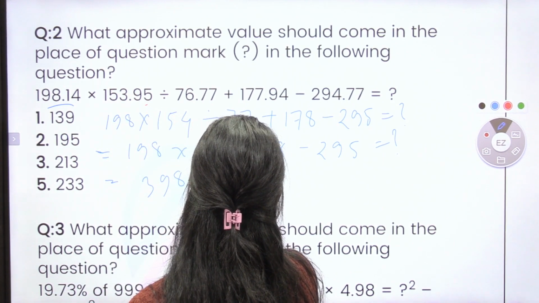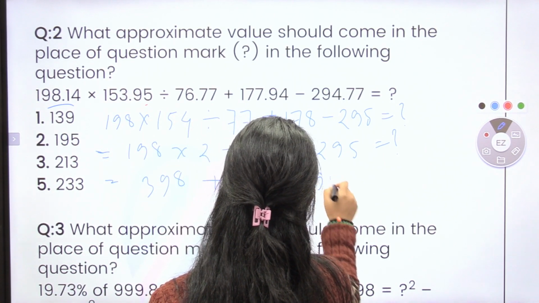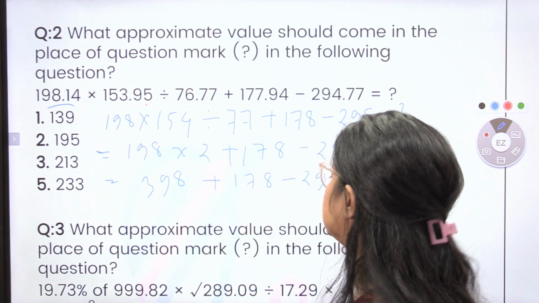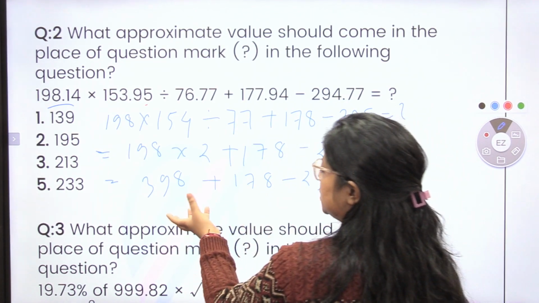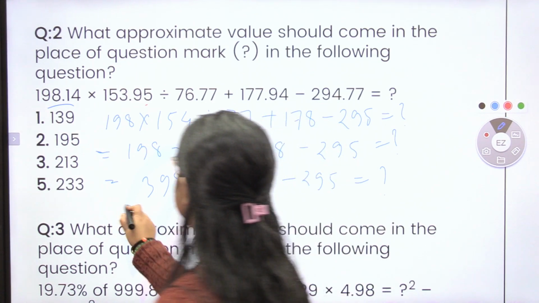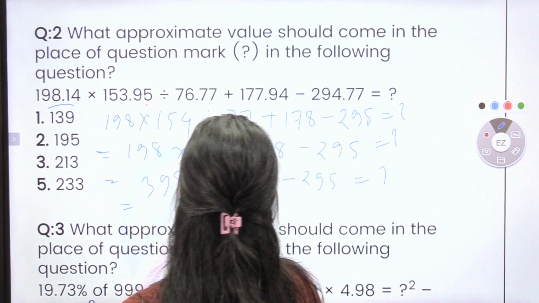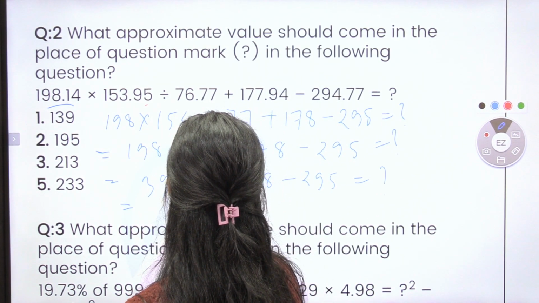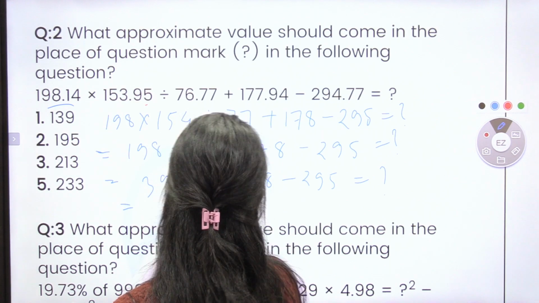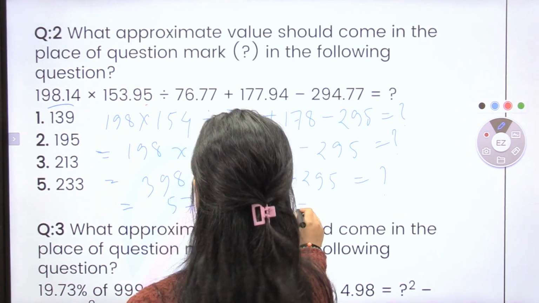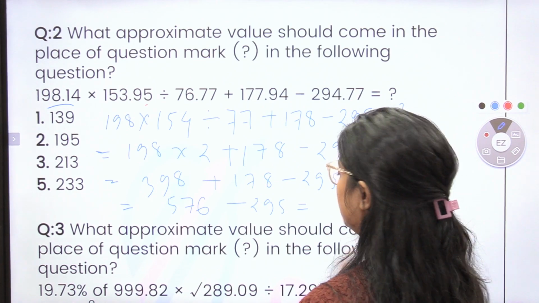398 plus 178 minus 296. You just add or subtract. The next thing to do is addition. So let's do addition. So 76 minus 295. Your answer is 1.